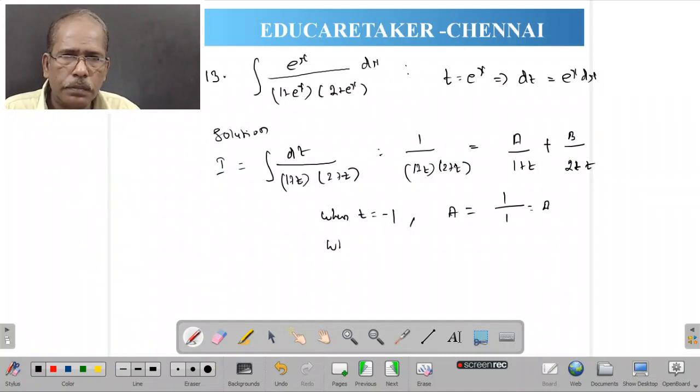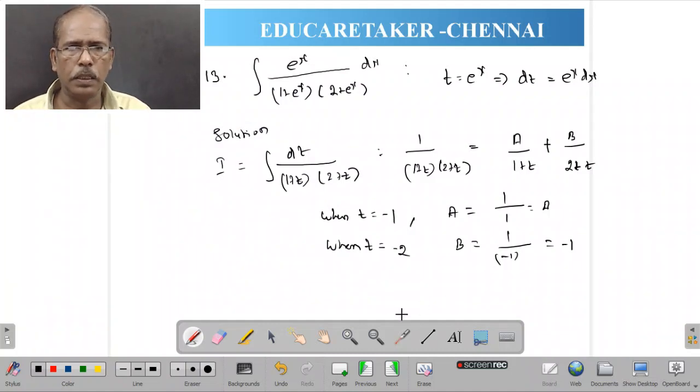When t equals the zero of the second factor, that is minus 2, what about B? The numerator 1, the denominator 1 minus 2 is minus 1, and the second factor is 0, so don't include it. So B equals minus 1. A is 1 and B is minus 1.